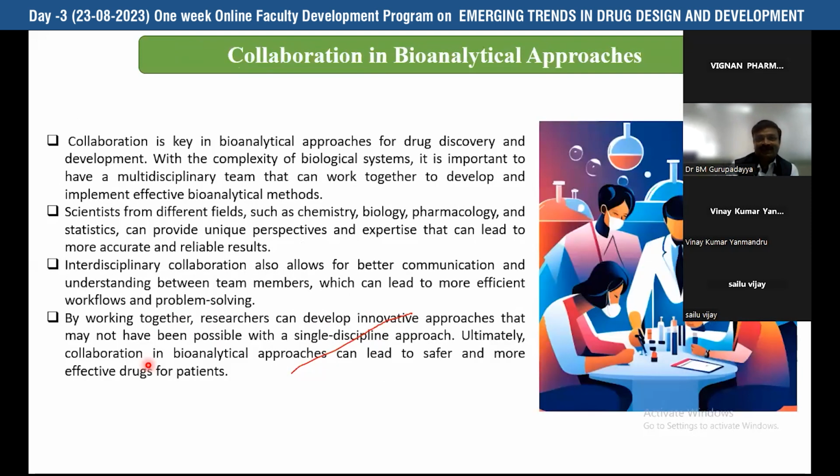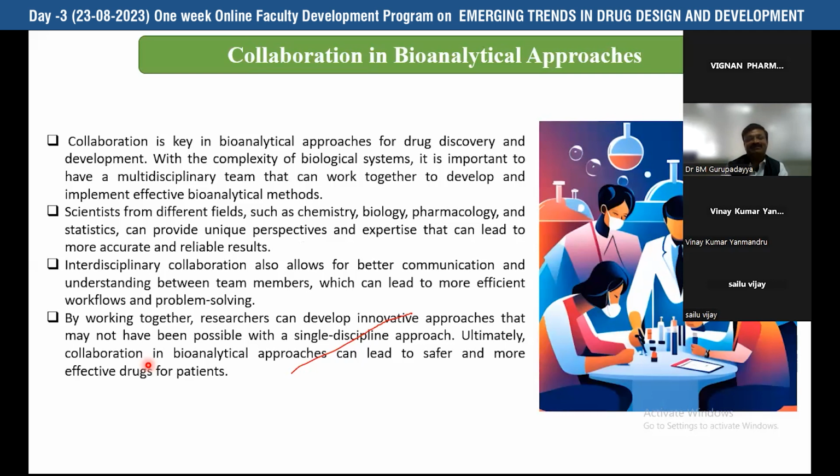After knowing the new trends in the bioanalytical approaches, we can think about how collaboration can make the bioanalytical approaches easy and effective. Collaboration is the key in the bioanalytical approaches for drug discovery and development.